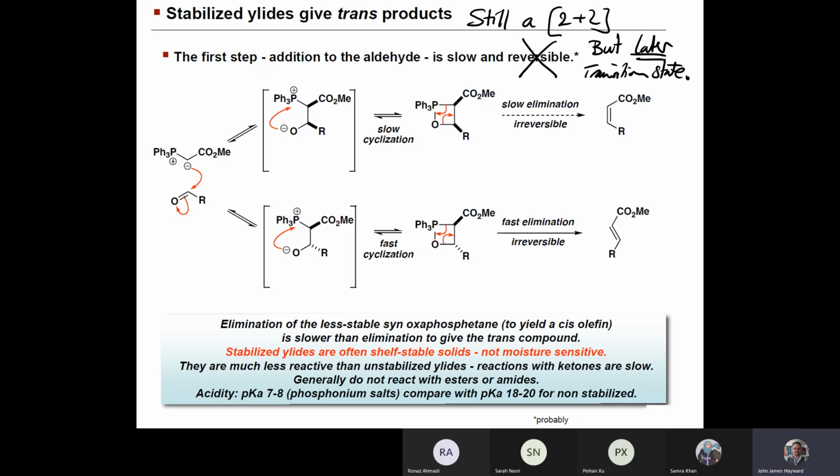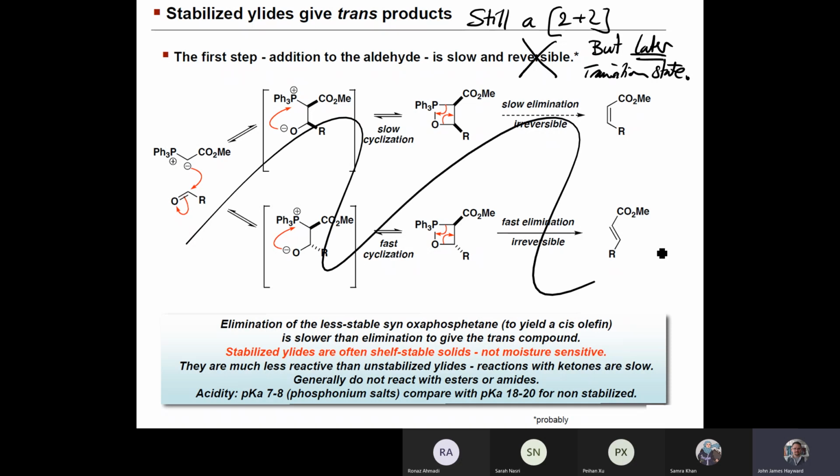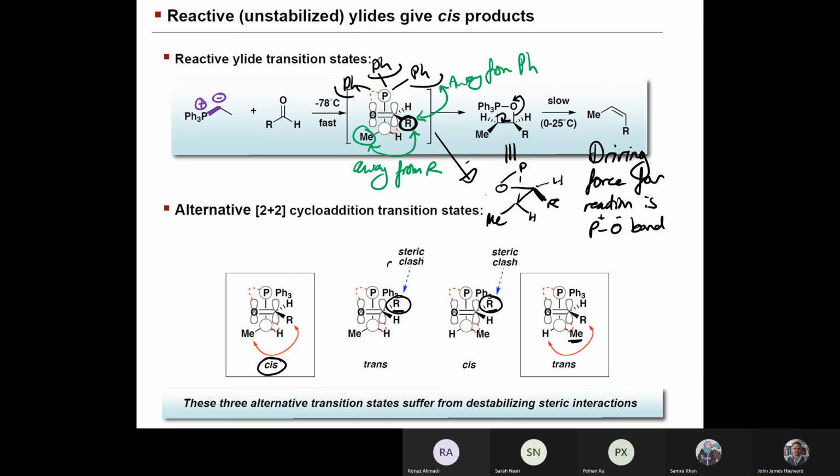But it's a later transition state. Okay, what that means is all this is horseshit, frankly. If we just go back a couple of slides, what we're saying in a late transition state is that in an early transition state, the transition state looks a lot like the starting materials.